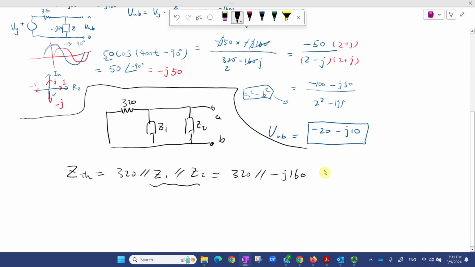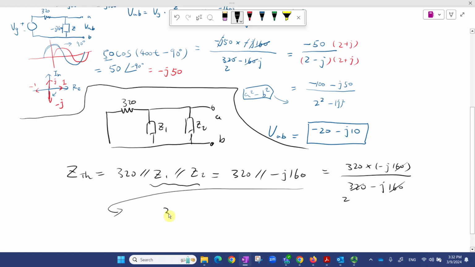So let's do this. To do a parallel is just 320 multiplied by negative j160 over 320 plus negative j160. We can see here 160, so this becomes a 2. Then I will write it down here. So this becomes 320 multiplied by negative j on top, and the bottom is 2 minus j.